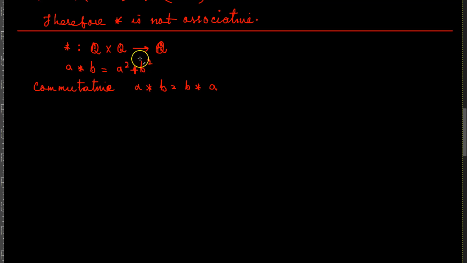So when you add two rational numbers together, since A and B belong to the set of rational numbers, then A squared and B squared also belong to the set of rational numbers.